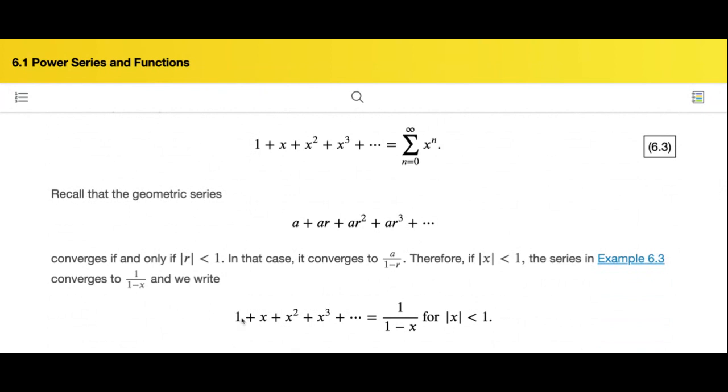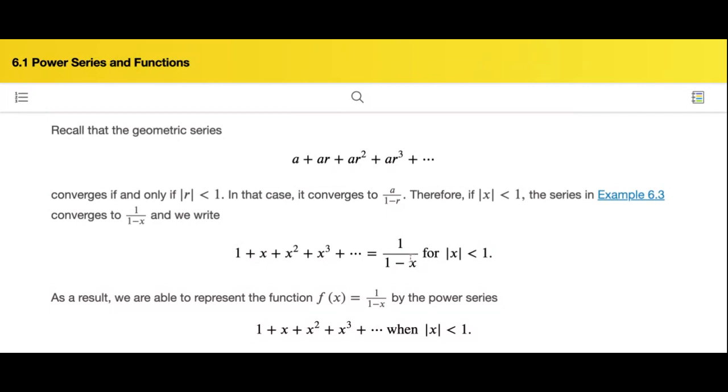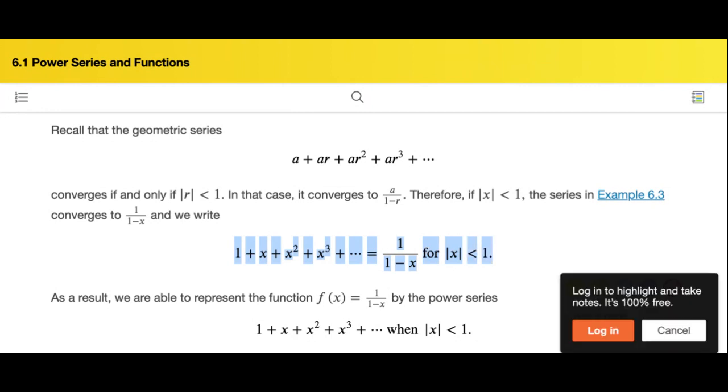And we can write this infinite series as equal to a rational function. You see how powerful this is? Of course, this is for absolute value of x less than 1, right?